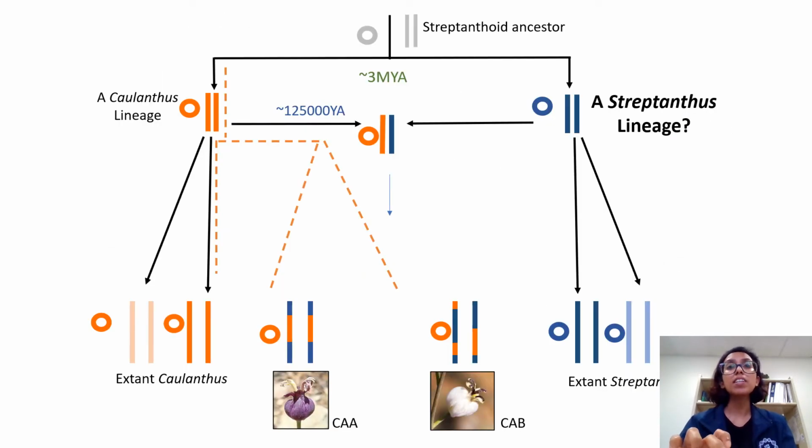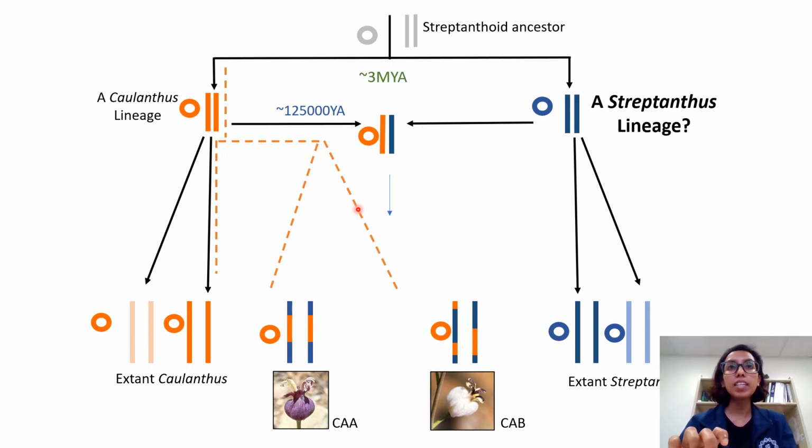So with that evidence, we have developed a hypothesis that the maternal lineage for CAB and CAA is a serpentine intolerant Caulanthus lineage. Here the circles represent their organelle genomes and the dashed line represents the maternal lineage.